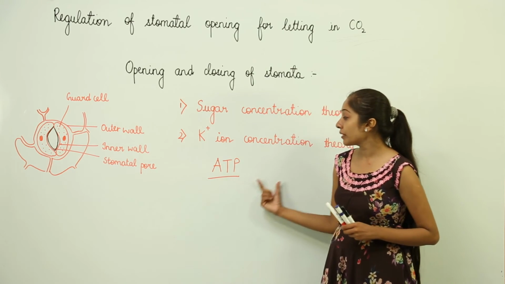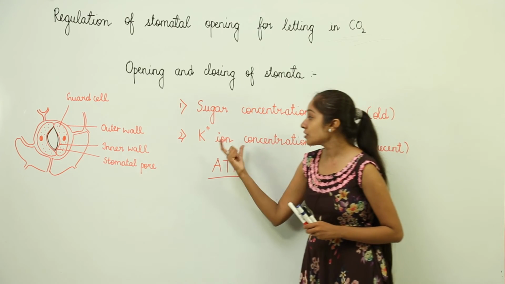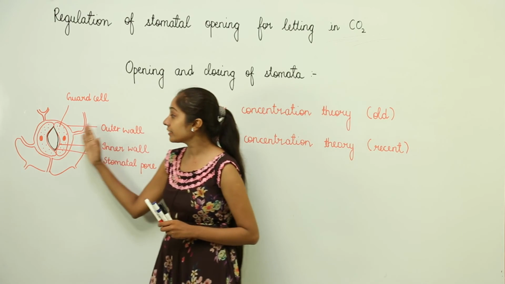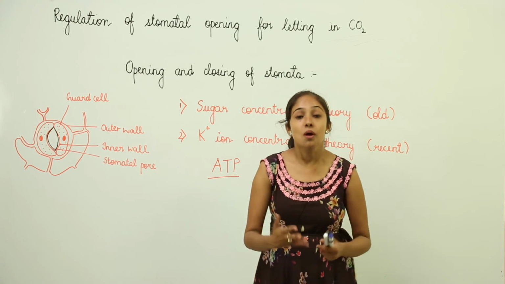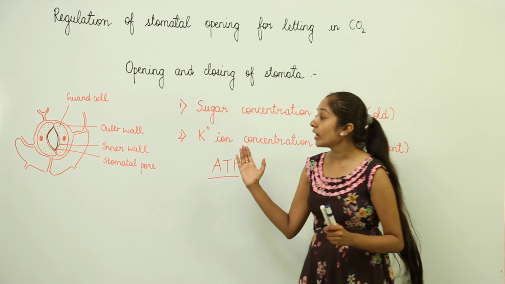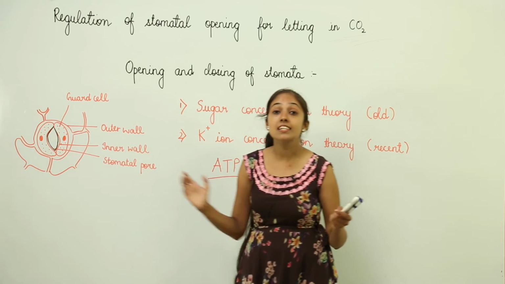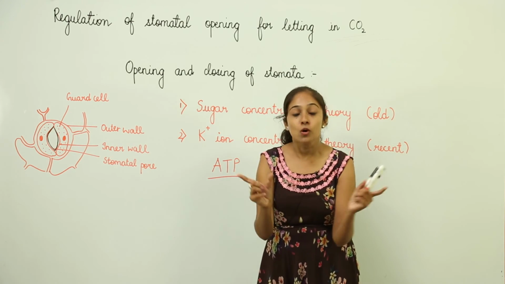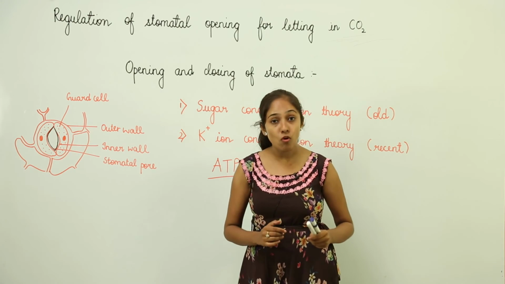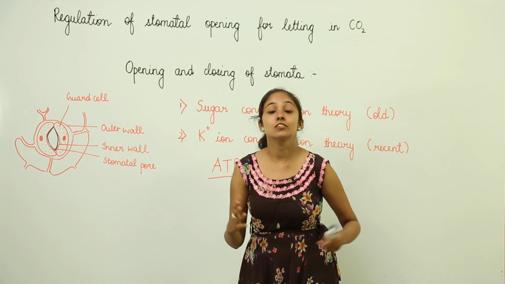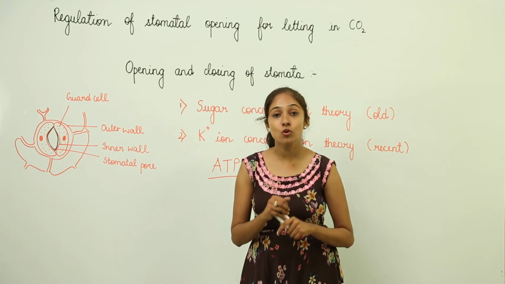Now, because of the formation of this ATP, the potassium ions are going to enter the guard cells. This is going to make the guard cells hypertonic, means more and more water is going to enter inside the guard cells, due to which the guard cells are going to swell up. When they swell up, this is going to lead to the opening of the stomatal pore. When this opens, this is going to lead to diffusion of CO2 inside.